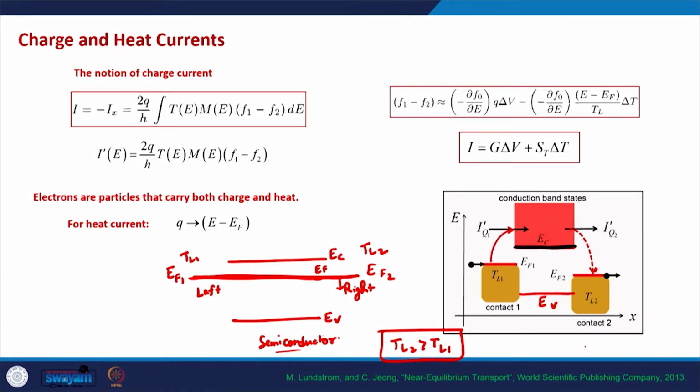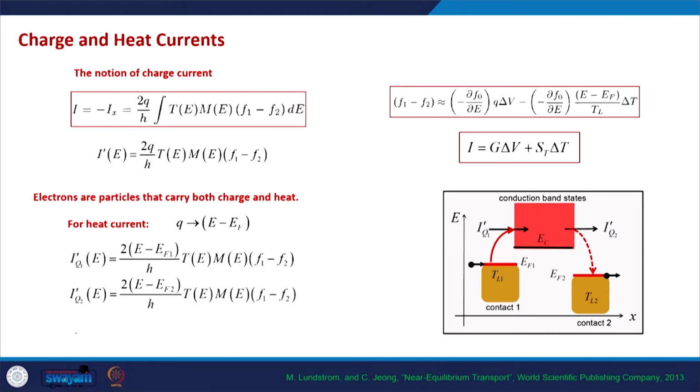So, in this case the heat current from contact 1 to the semiconductor is given by I prime Q1 at any energy E, and this is 2 by h times (E minus EF1) times T(E) times (F1 minus F2). Similarly, heat current from semiconductor to contact 2 is 2 by h times (E minus EF2) times T(E) times (F1 minus F2). So, this is the way we analyze heat current in any device.